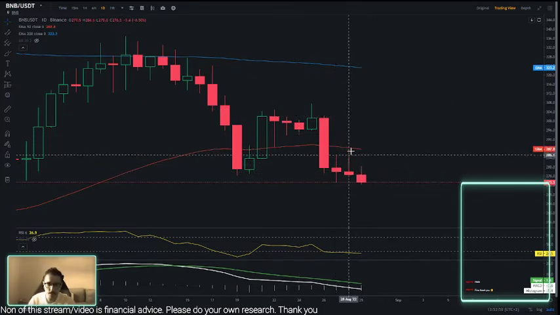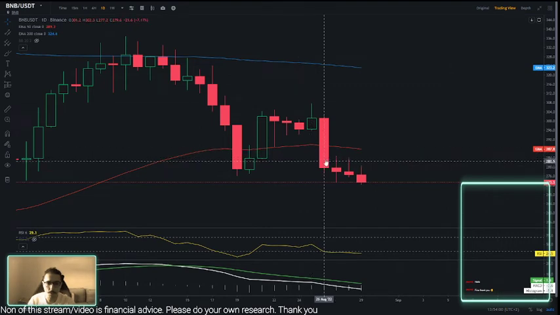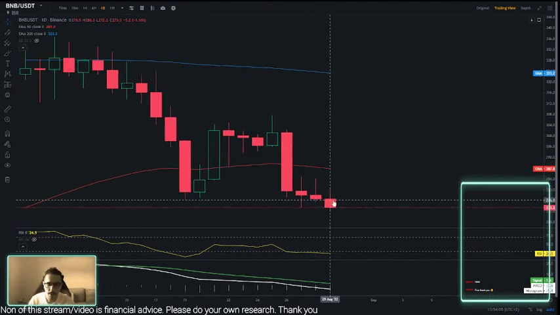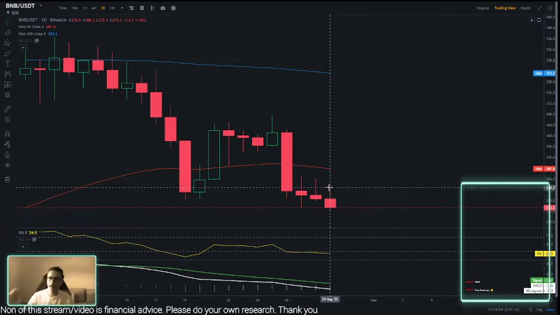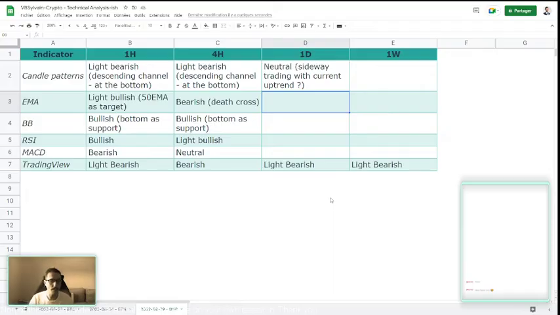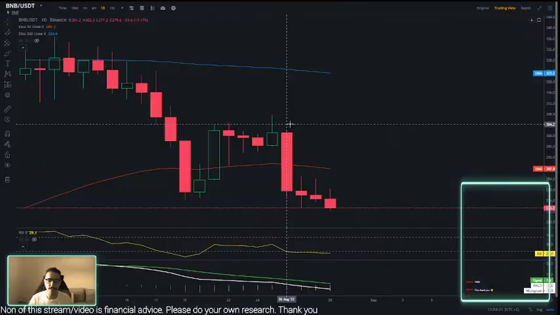We are below this point. We broke this support level, unfortunately, and this is never a good thing. So this is what we saw in the 1 hour chart, I guess. Let's put the same thing here, light bullish, and hope for the 50-day to be a target to be reached.